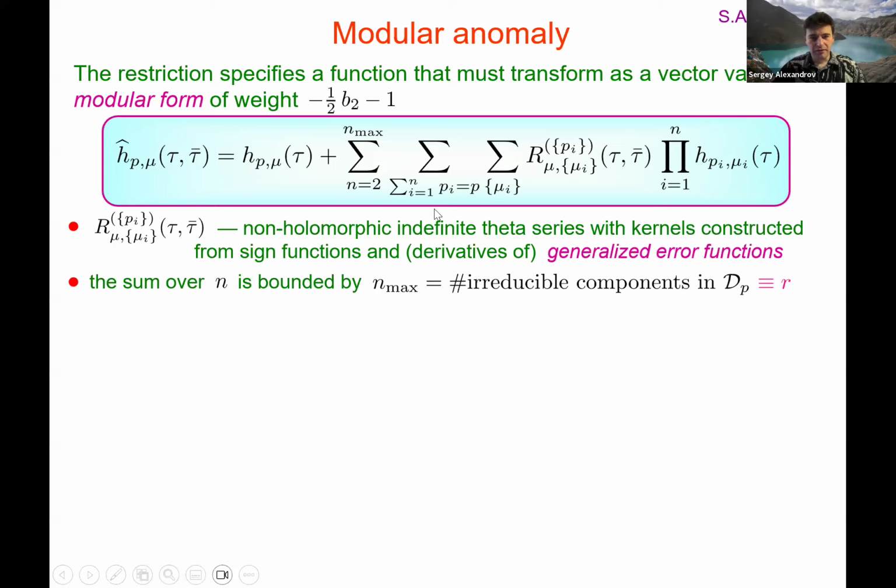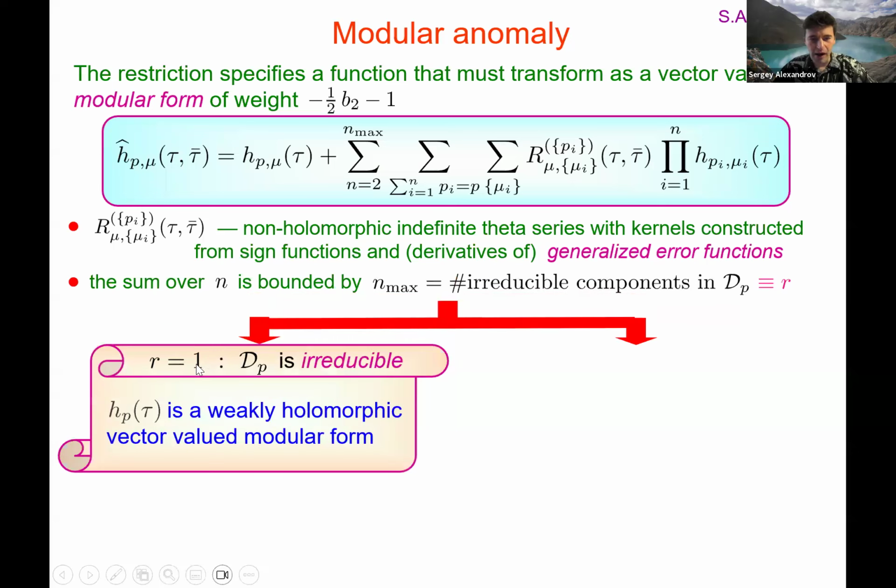And you see that the crucial role is played by the variable n max, which is just the number of reducible components into which one can decompose our divisor. In the following, I will denote this variable by small r. And depending on the value of this small r, we have two very different situations.